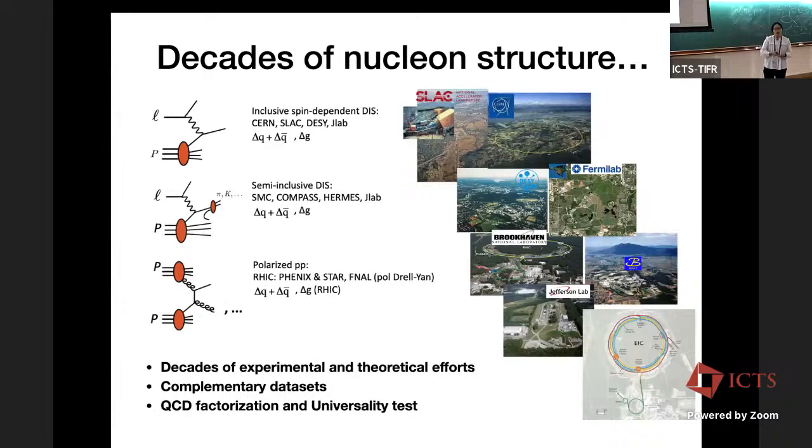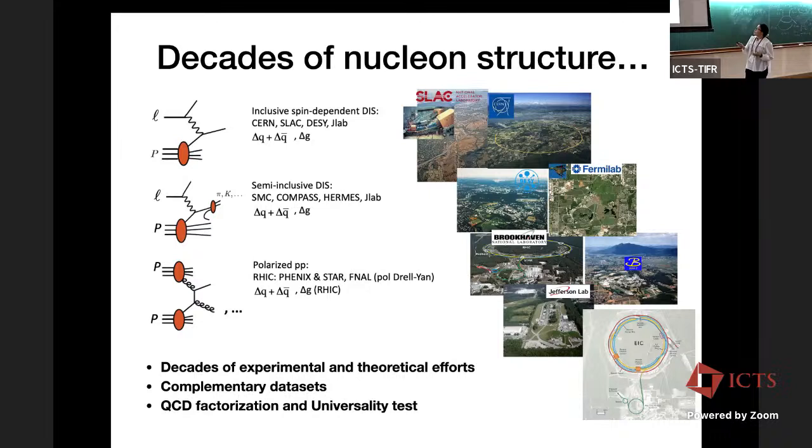So when we talk about nucleon structure study, it's really an effort from both the experimental and the theoretical side. And over the decades, there have been humongous efforts that push our knowledge forward.